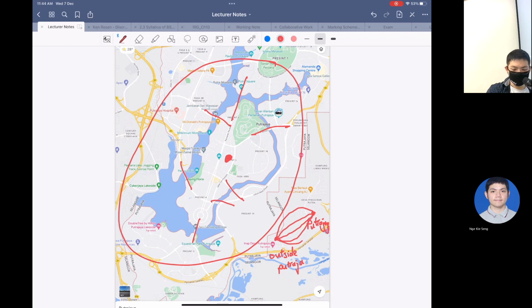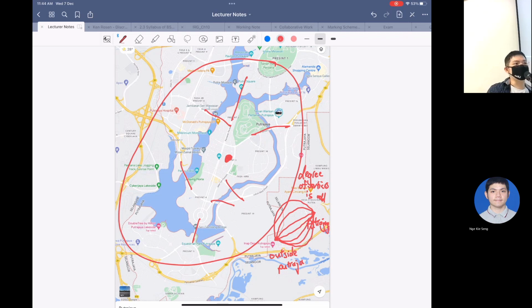So what's the degree of the vertex? Odd. So the degree of the vertices is odd, so no Euler circuit. But there are exactly two odd vertices, so there is an Euler path.